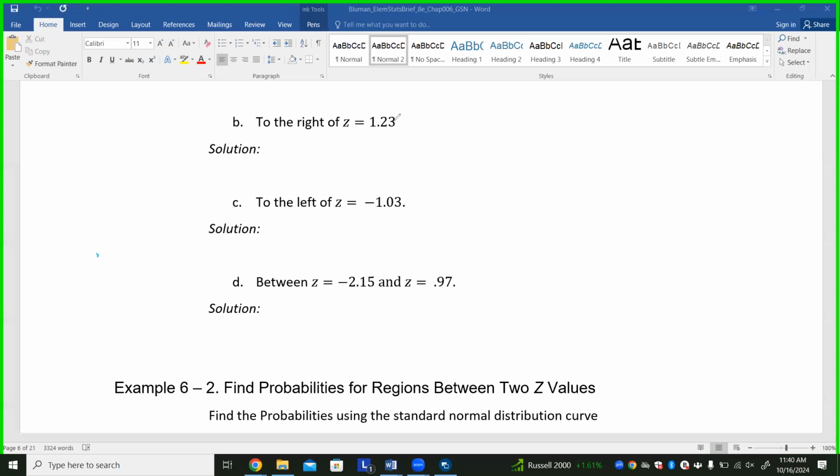Oh, we're looking to the right. So to the right of this one, what would I have to do to look for the right of something? Subtract it from 1. What's the area at 1.23? And when you subtract those two, what do you get?